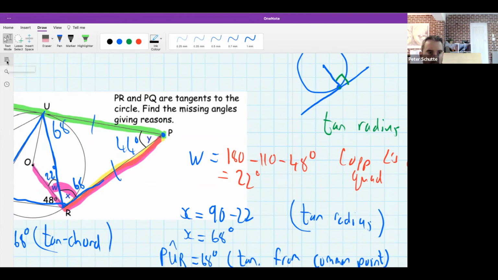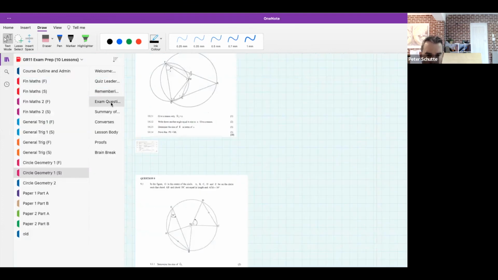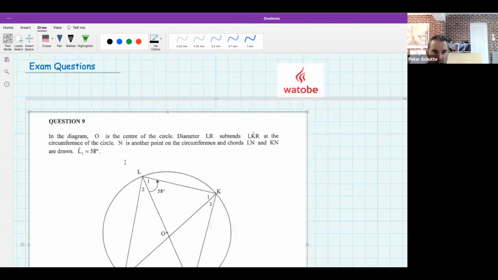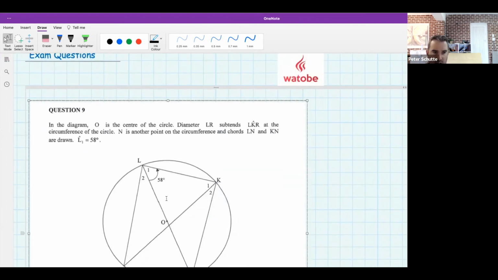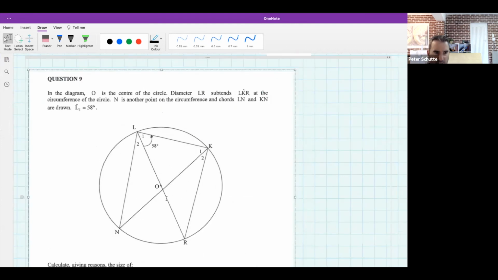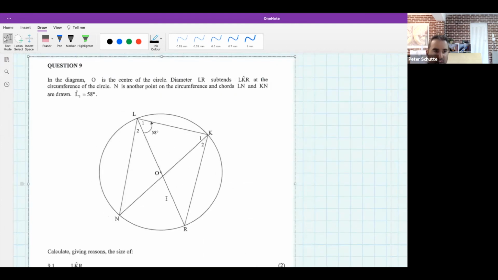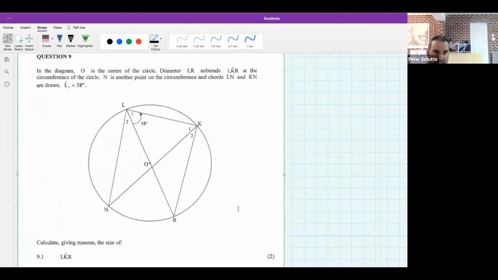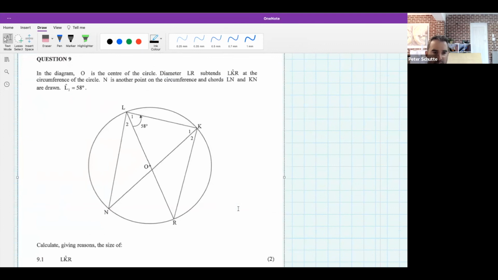Okay, so what do exam questions look like for circles? So if we think about this question over here, this is from an old exam. It says in the diagram O is the center of the circle, the diameter is LR, and it meets there.